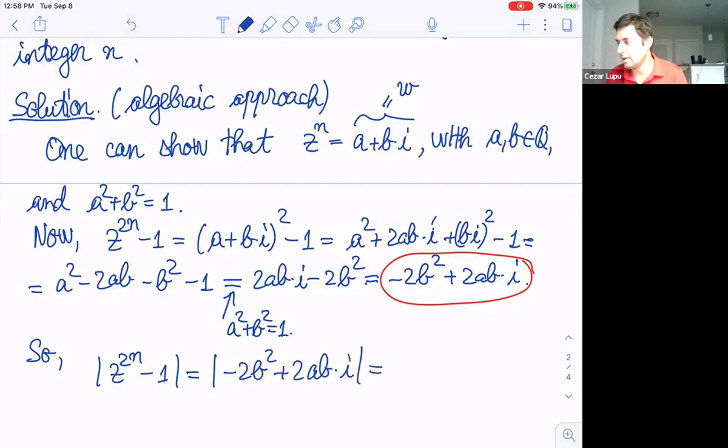And this will be equal to what? If you compute this, will be equal to what? Can you tell me? So it's the absolute value of a complex number, right? If you look here, this is, let's say, an x, this is a y. So it will be the square root of each one squared, right?